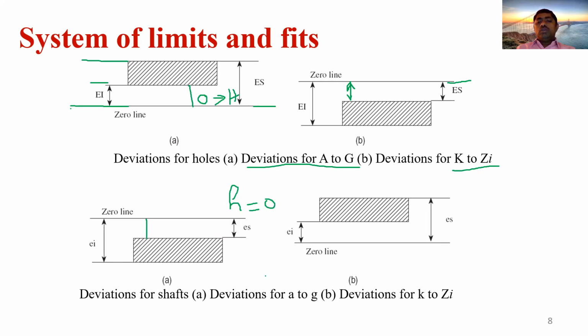For the deviations from k to zc, it is a positive deviation. So for capital H the fundamental deviation is 0, and for small h also the fundamental deviation is 0. This one has to be remembered while solving the problems.